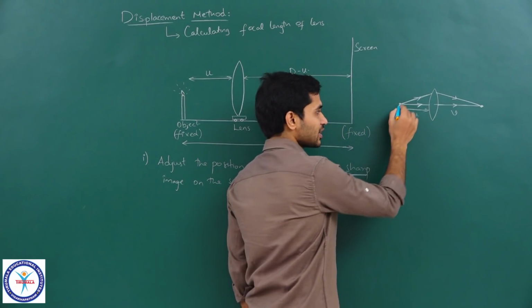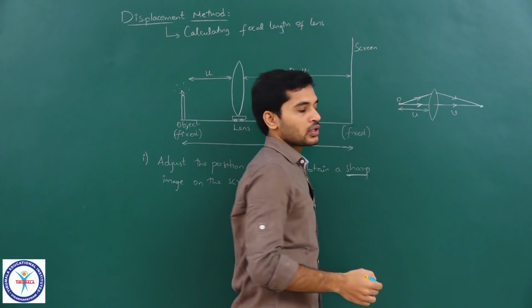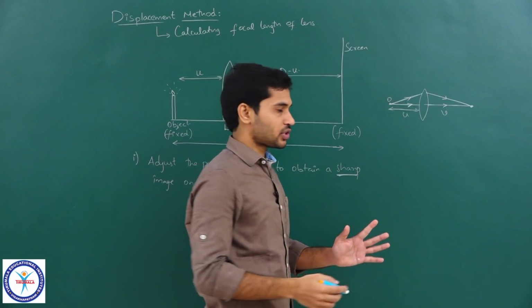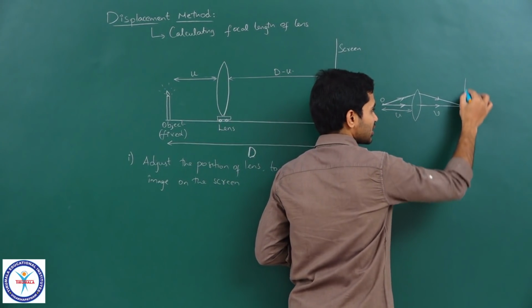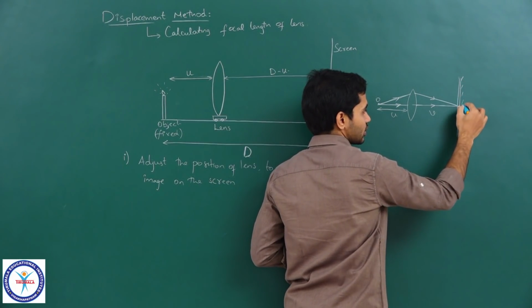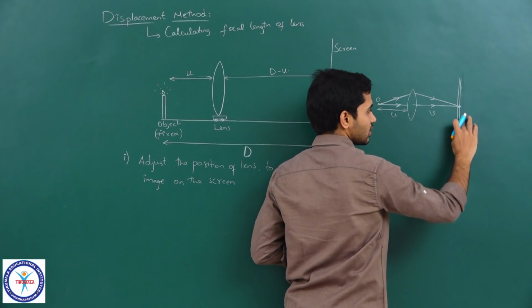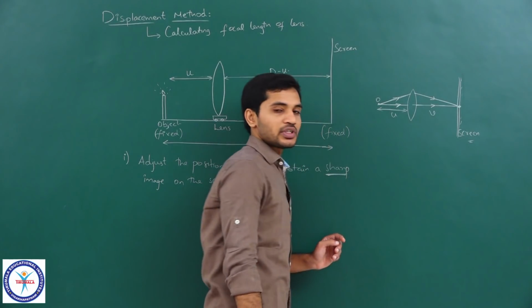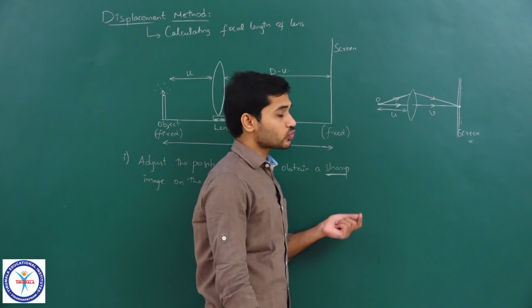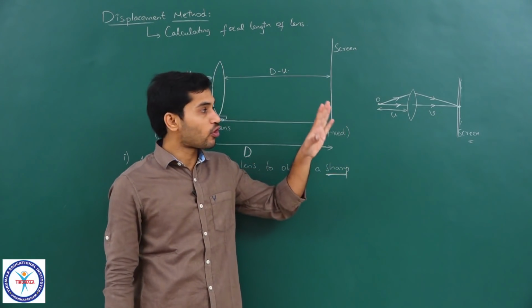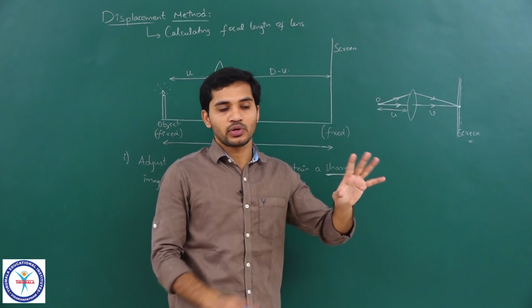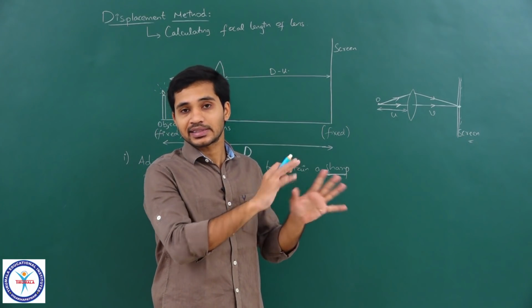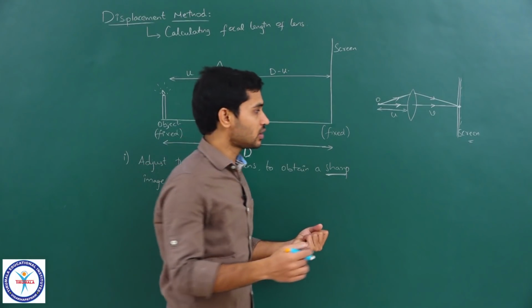If this is object O, you will observe a sharp image only when the screen is placed at that image location. So, if this is the screen, only when the screen is exactly at the image location, you will see a sharp image. Otherwise, the image formed on the screen will be blurry. You can't understand the details of the image, clear.